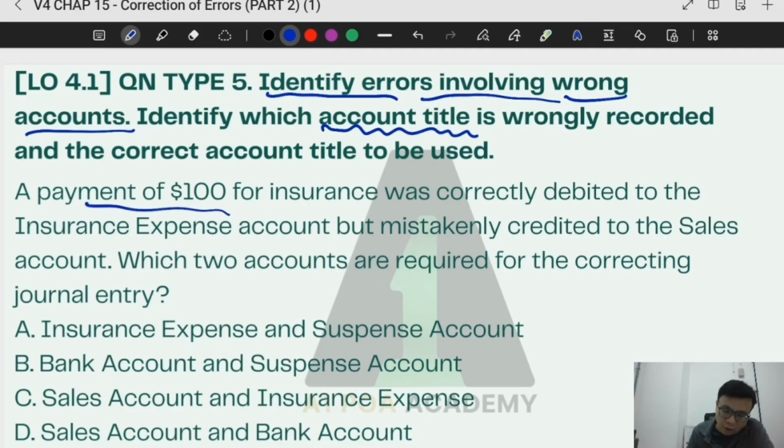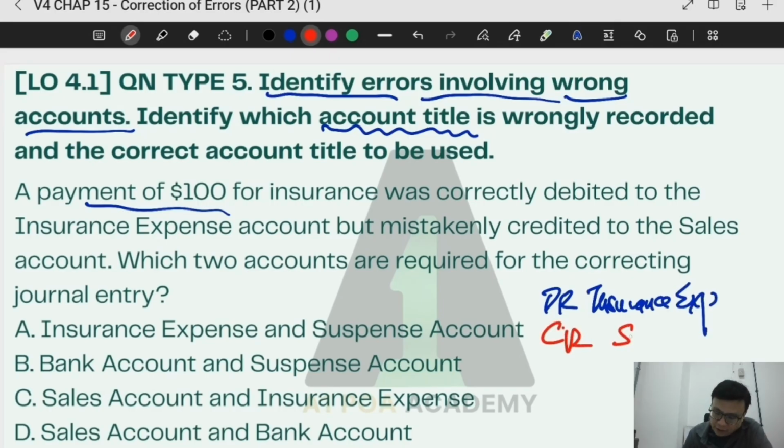A payment of $100 for insurance was correctly debited to the insurance expenses. So very straightforward, I debit insurance expenses, but mistakenly credit to the sales account. Which two accounts are required for the correcting journal entry?